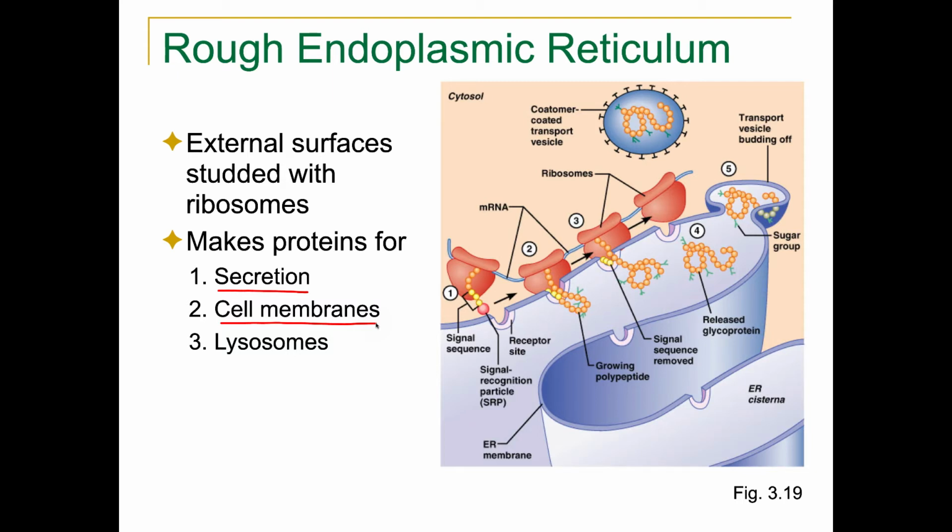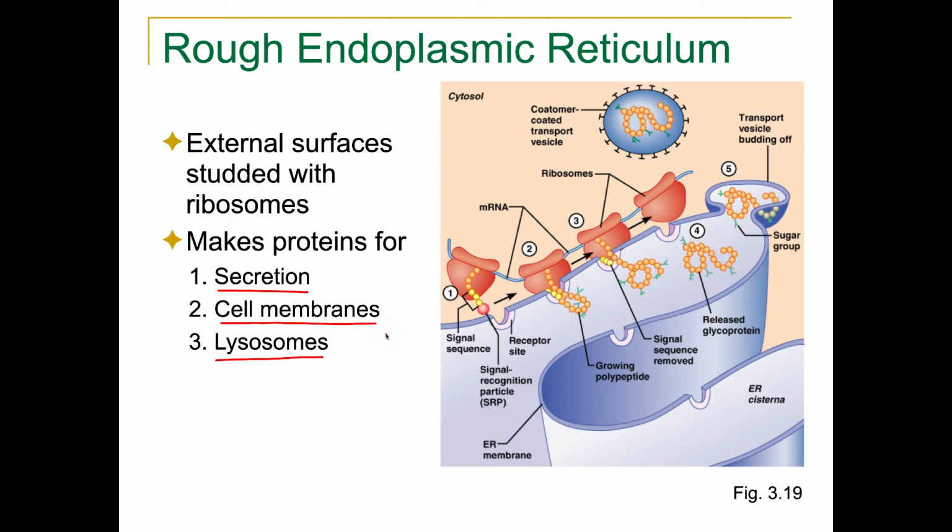The pumps we talked about, the cell identity markers, or cell adhesion proteins like for tight junctions. And some of them might go to what are called lysosomes. Now the lysosomes are yet another organelle that we need to talk about.